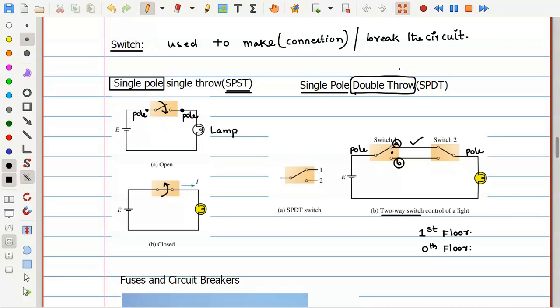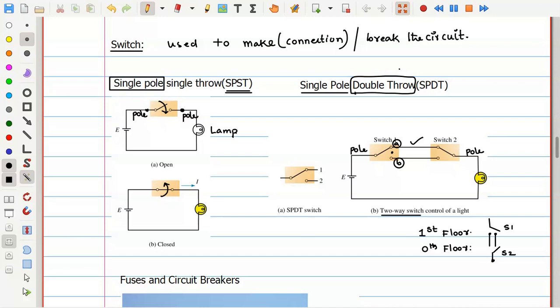What you can do is put a two-way switch on the first floor. Then two terminals must go to the ground floor, and on the ground floor you also put a two-way switch. Let us say this is S1, this is S2.